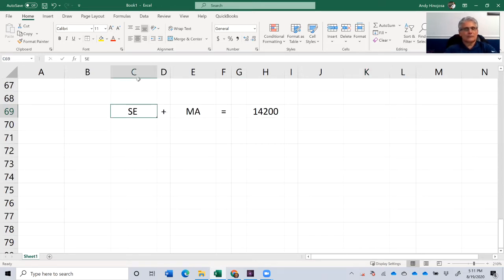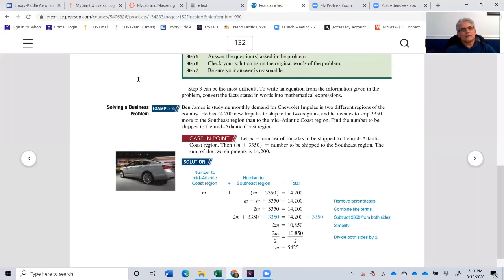I guess we could say Southeast is S and Mid-Atlantic is M. So what does it give us? It tells us, in relation to the Mid-Atlantic region, that he decides to ship 3,350 more to the Southeast region than to the Mid-Atlantic Coast region.